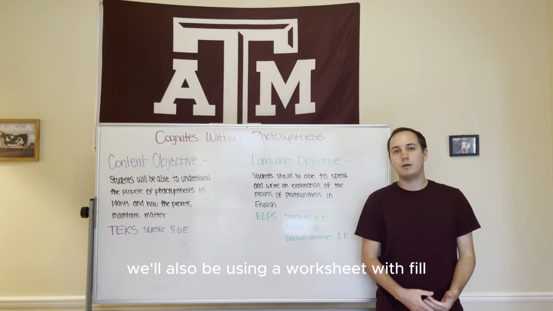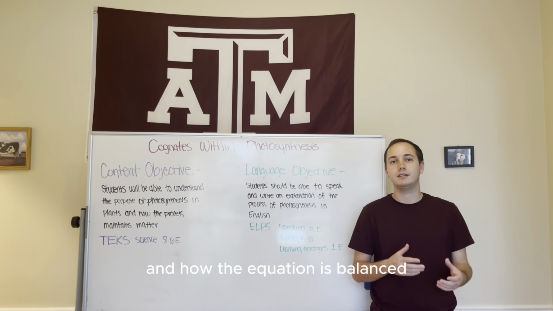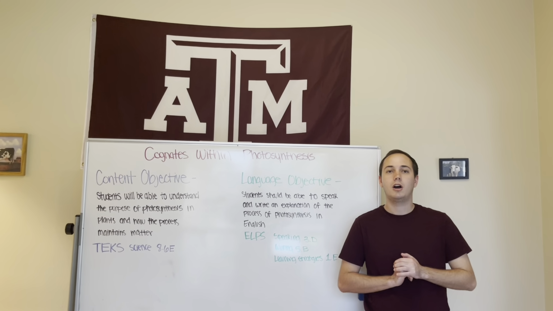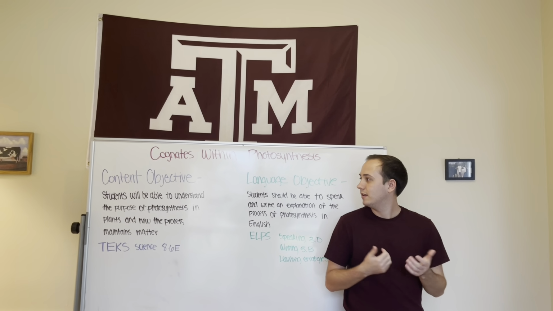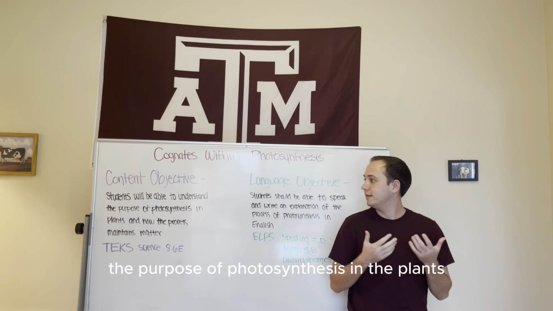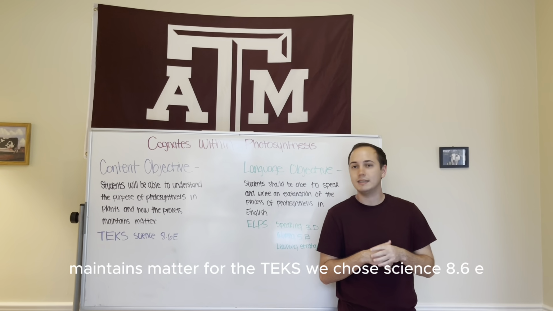We'll also be using a worksheet with fill in the blanks and questions about photosynthesis and how the equation is balanced. Our content objective will be students will be able to understand the purpose of photosynthesis in the plants and how the process maintains matter.